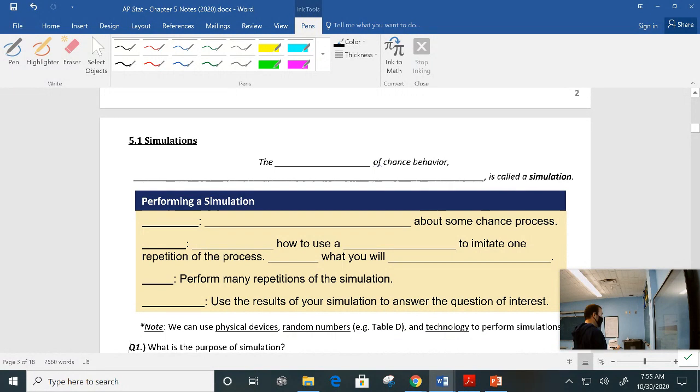So, one thing that's a little bit challenging that we can use to estimate probability is what's referred to as a simulation. Simulations imitate chance behavior.